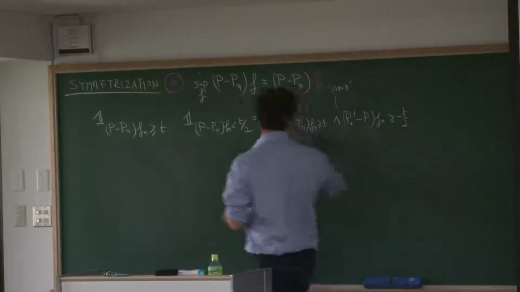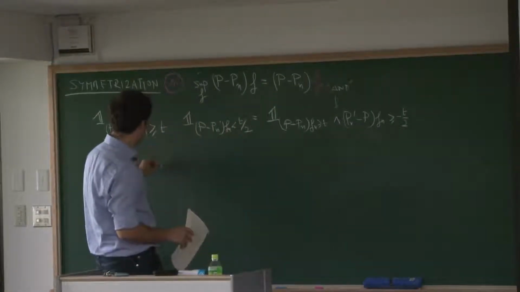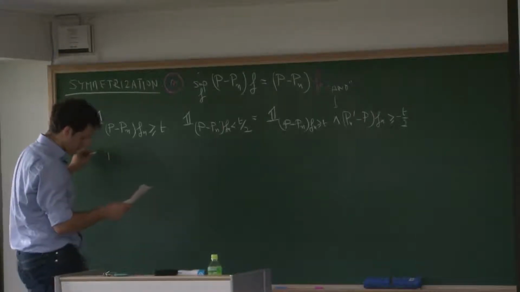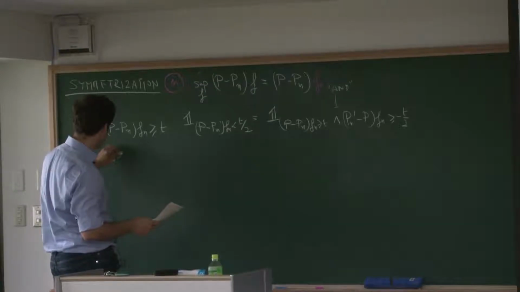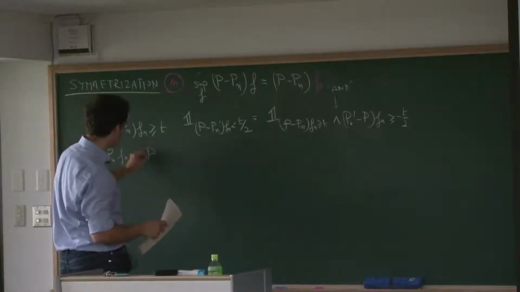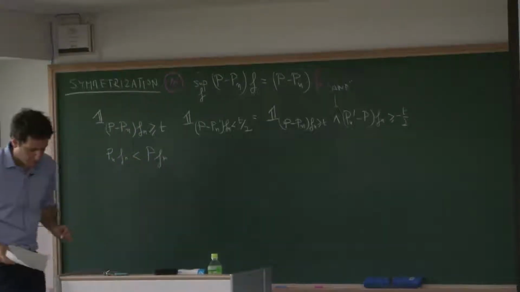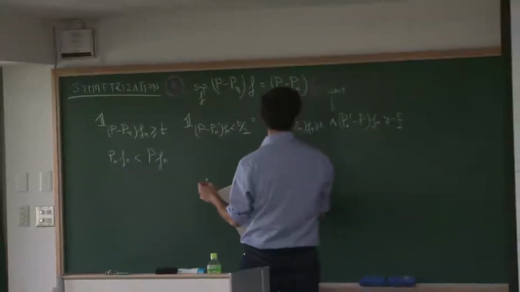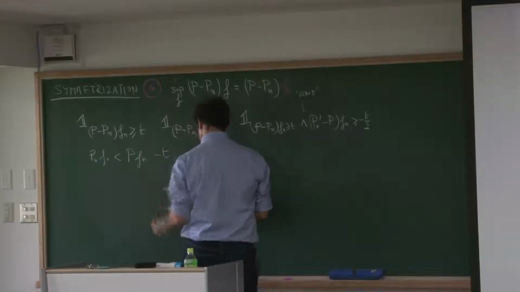If you think about this, if this happens, then I'm just going to write it here on the side. I have that Pn of Fn is smaller than P of Fn minus t.